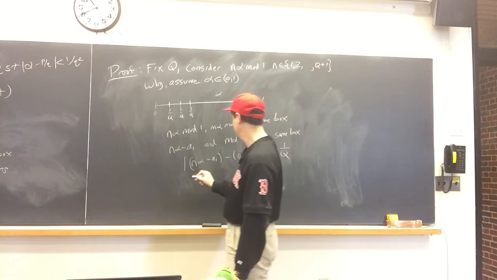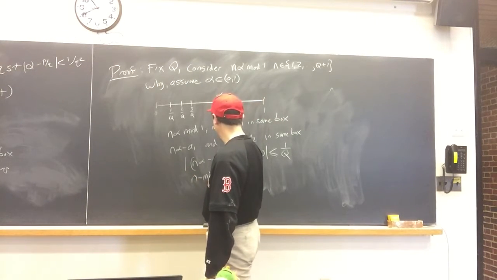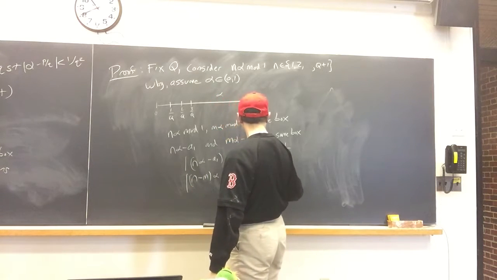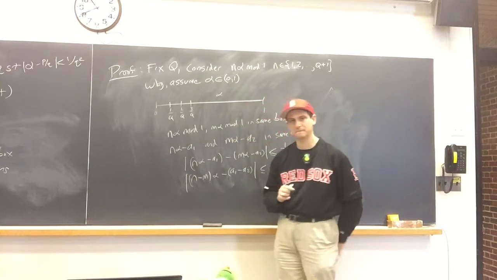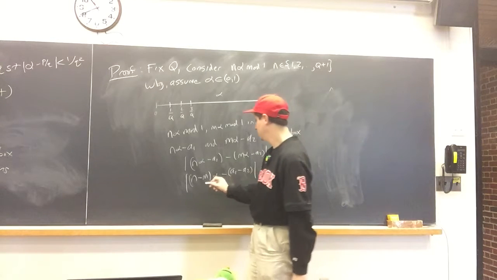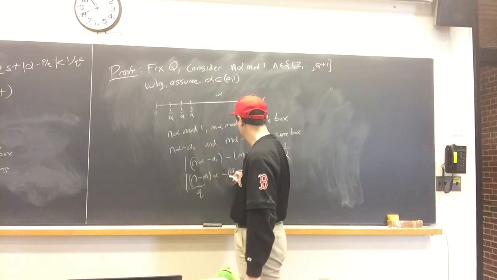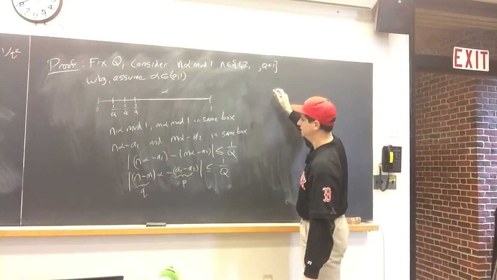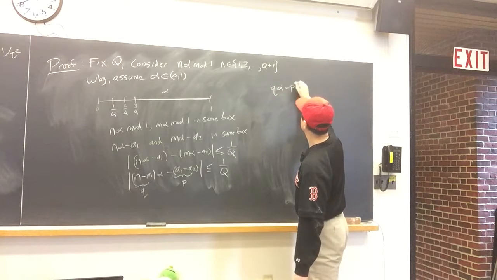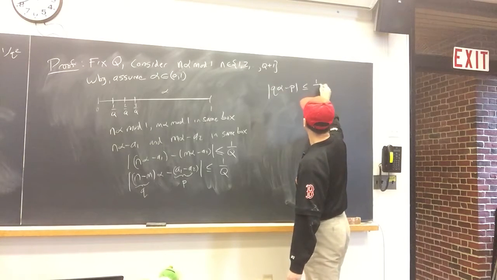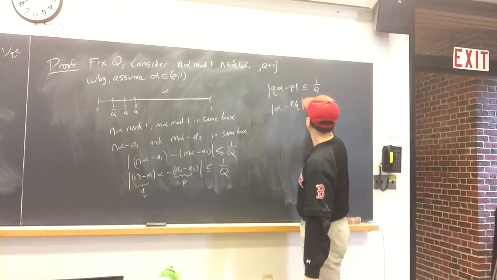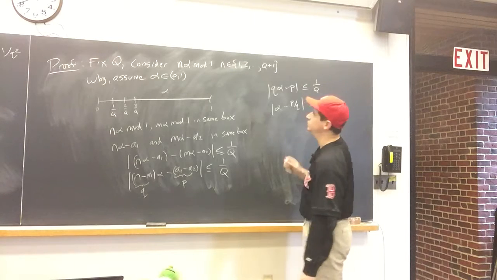I can now rewrite this as n minus m times alpha minus a1 minus a2, which is thus at most 1 over Q. So I'll let this be my q, and I'll let this be my p, and what we would get is q alpha minus p is less than or equal to 1 over Q. So you get alpha minus p over q is less than or equal to 1 over q times Q.